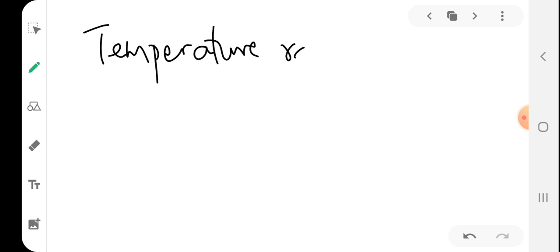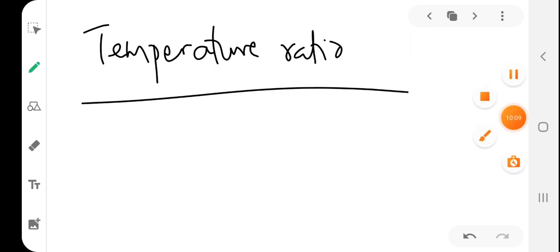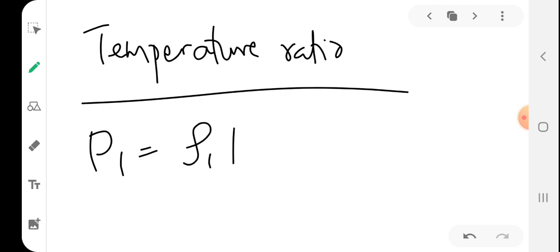Now we will move to the temperature ratio. The temperature ratio for a Rayleigh flow can be obtained from the pressure ratio along with our perfect gas equation. We know P1 equals rho 1 R T1, and P2 equals rho 2 R T2.